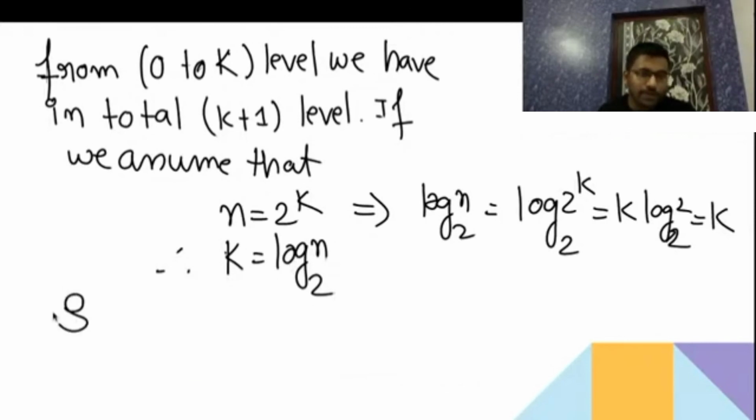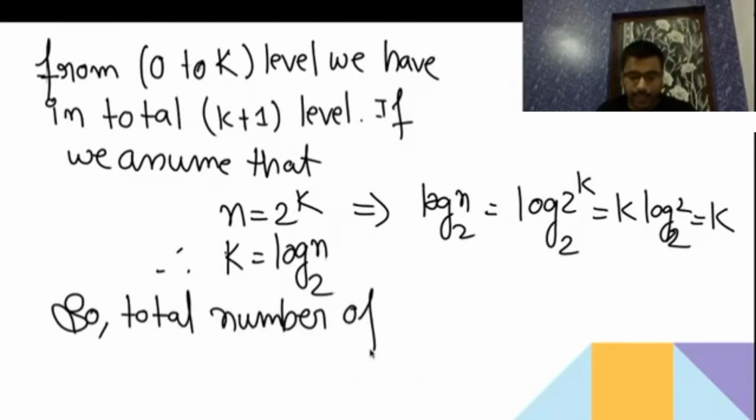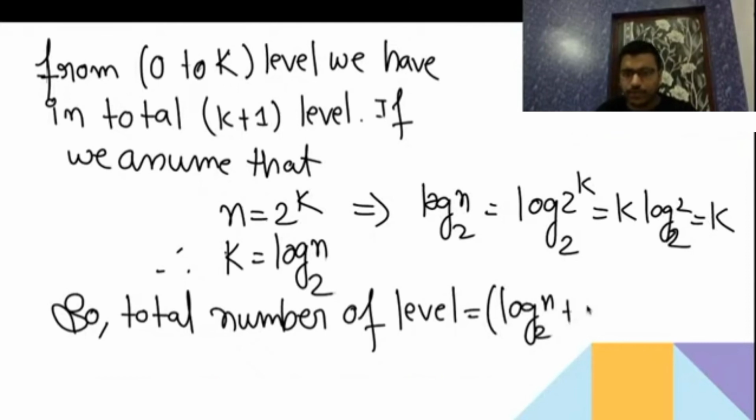So the total number of levels you got is k plus 1, which is log n base 2 plus 1. So for the total time complexity, just multiply n into that.